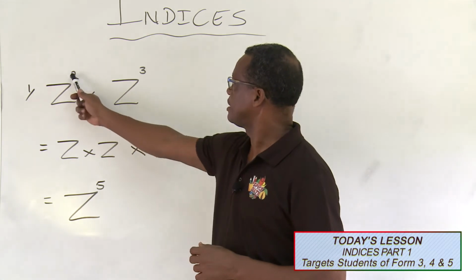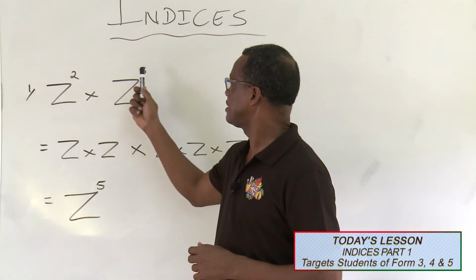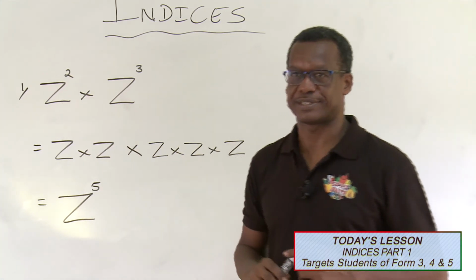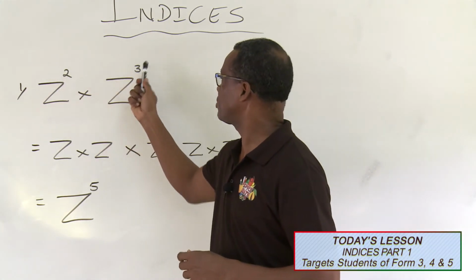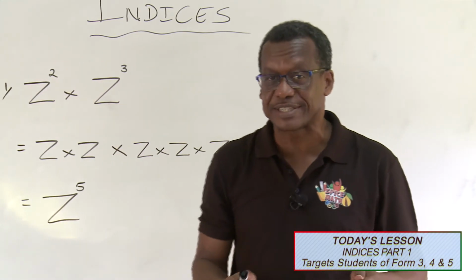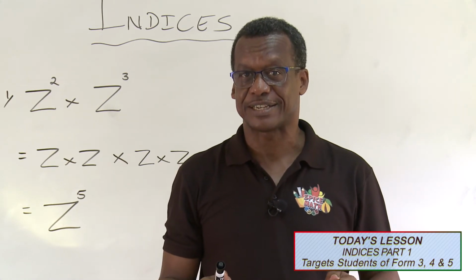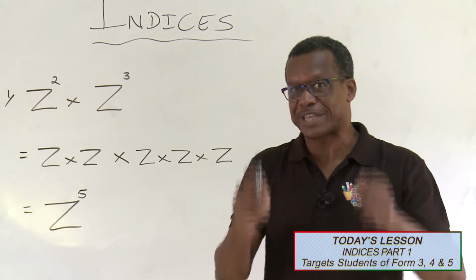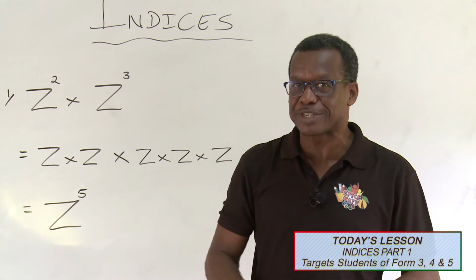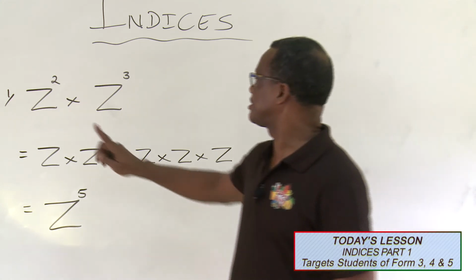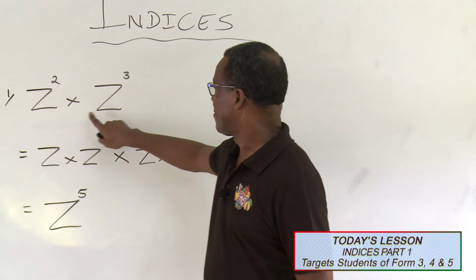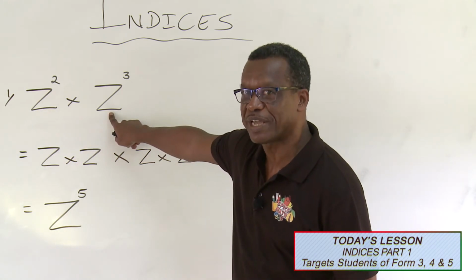We can simply add the powers. 2 plus 3. We're not adding the bases, we're adding the powers. But that addition can only take place on condition that it's the same base you're multiplying by.